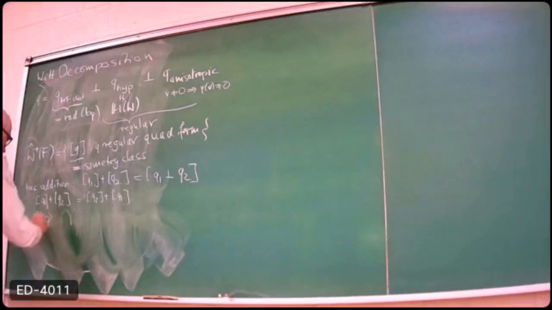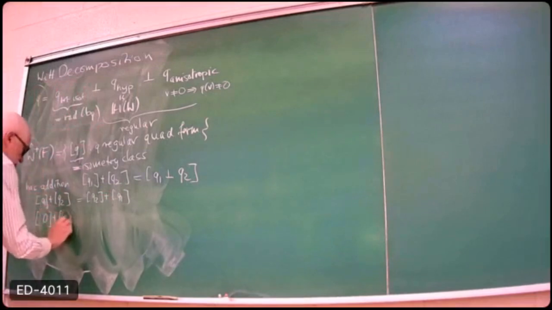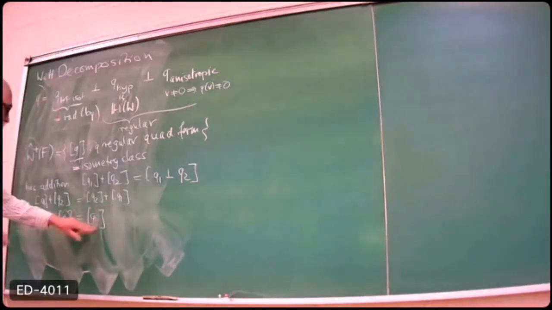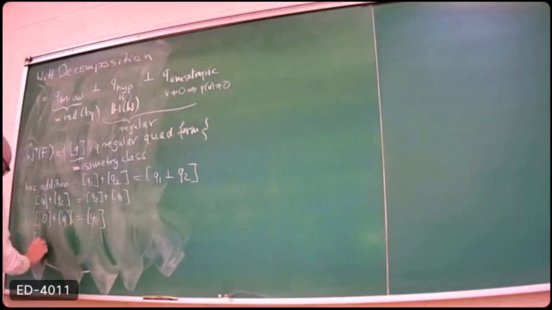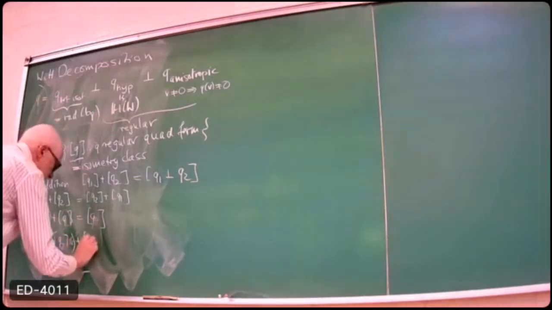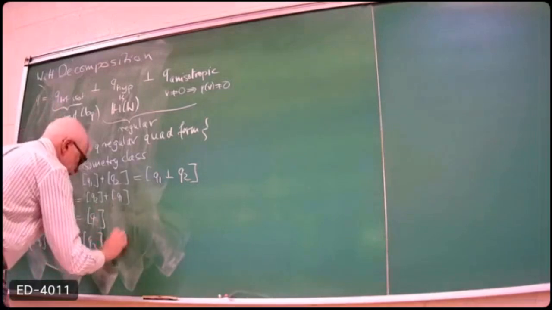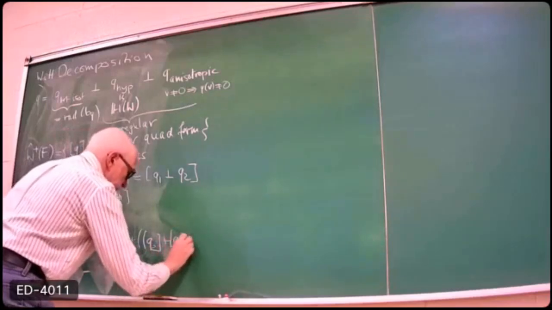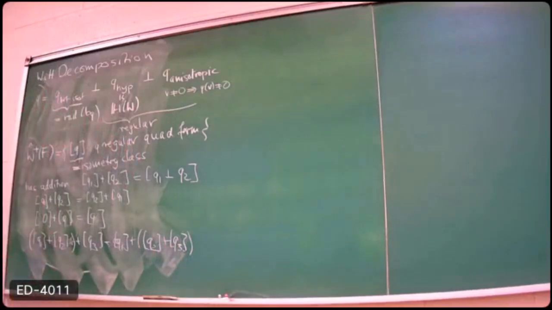If I take the zero quadratic form, meaning the vector space on which we have the quadratic form is the zero vector space, and then I add Q2, of course I get Q2. It's associative. Okay.